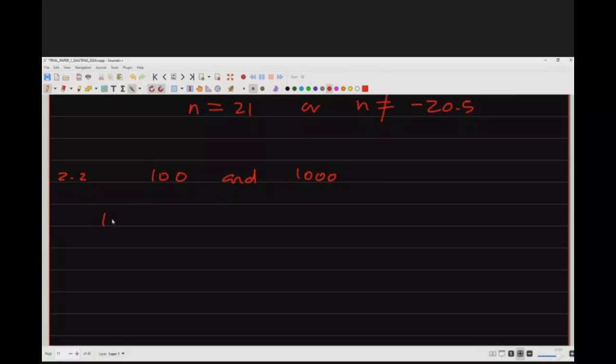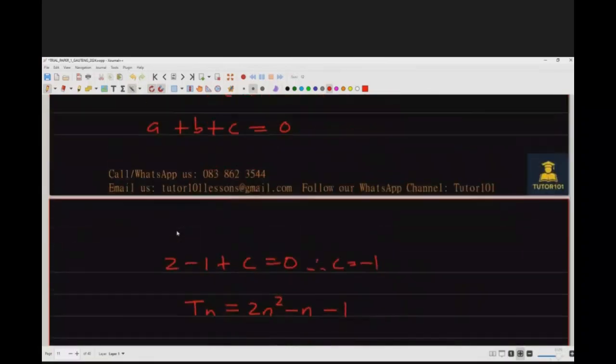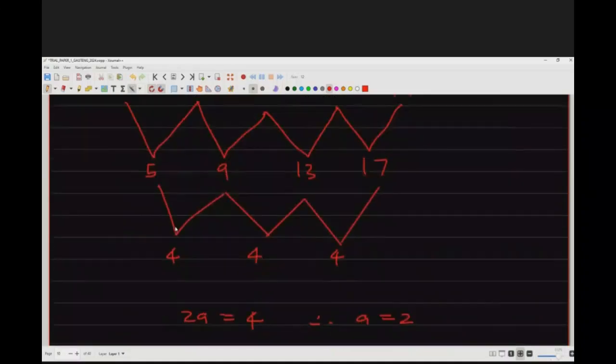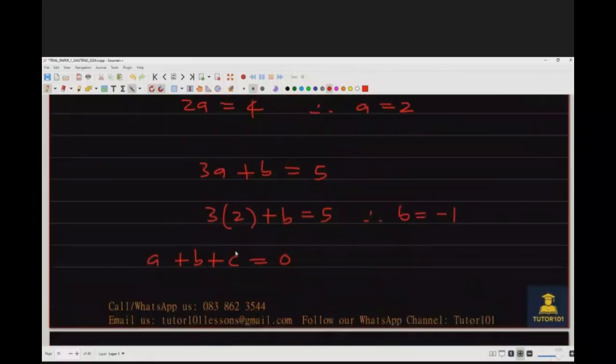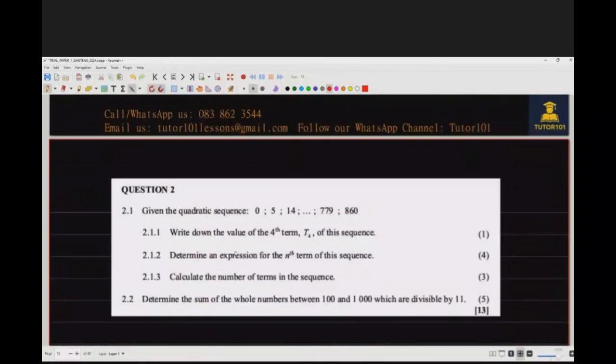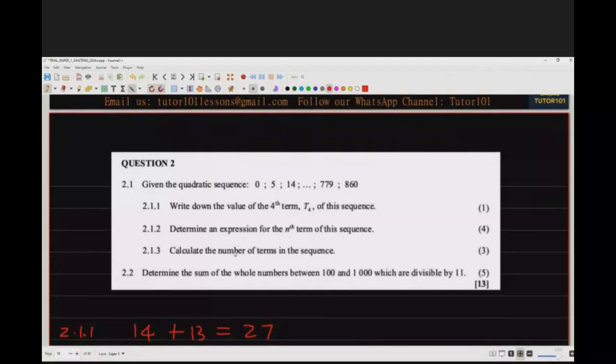The first one is going to be 100. So since we're looking at a sum here, we can consider setting up the series. And these must be divisible by 11.